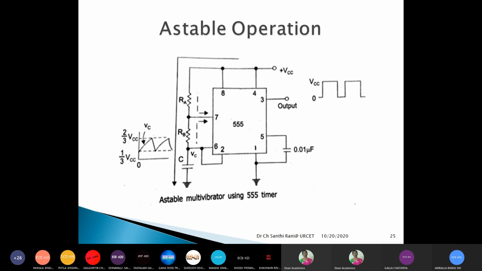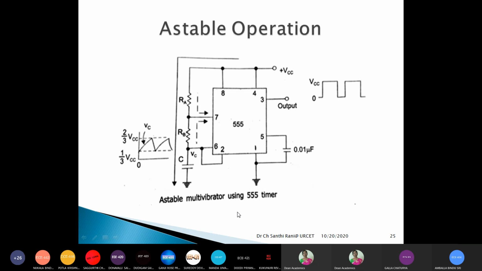We do not give any external trigger; the voltage across the capacitor is the trigger input applied to the second pin. The sixth pin and all other connections are as usual. The seventh pin, the discharge pin, is also connected at the junction of the two resistors. These are the small changes from monostable to astable operation.